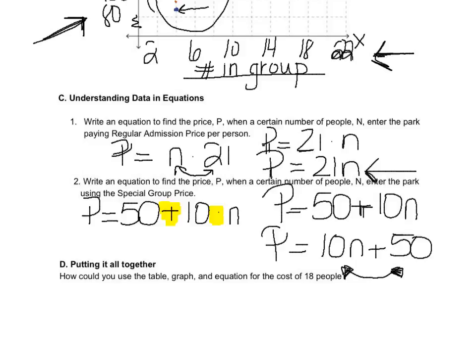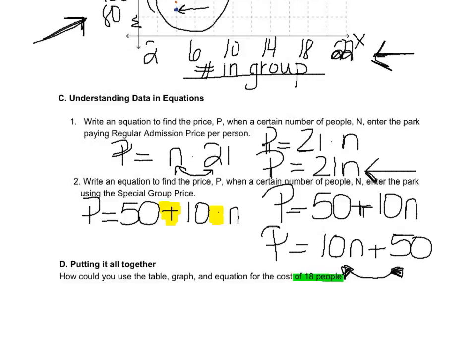So one thing that I need you guys to continue to think about is part D, where we put it all together, where you can use a table, a graph, and an equation to find the cost of an unknown value. In this case, it's looking for you to find the cost of 18 people, which was not a number that we had to find in our table. So I'm not going to walk through this, but that's what I want you to think about.